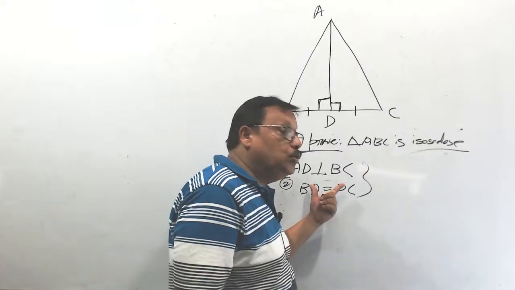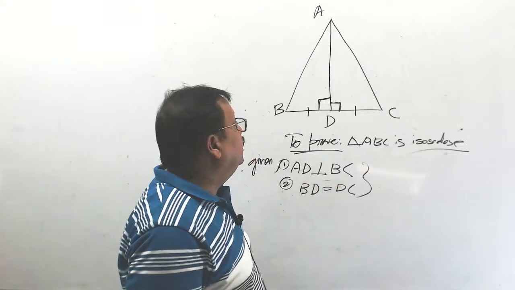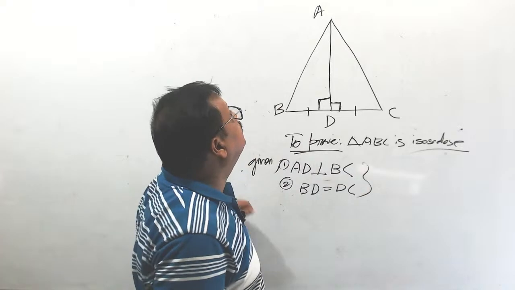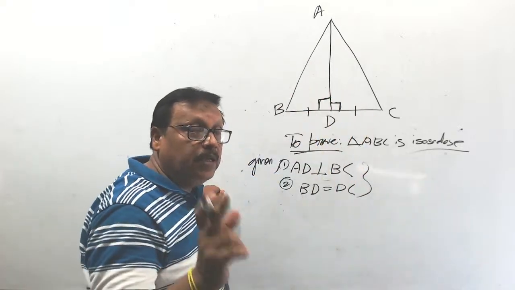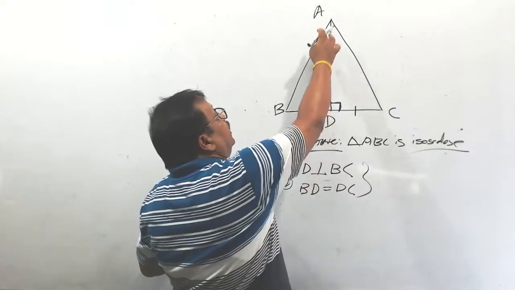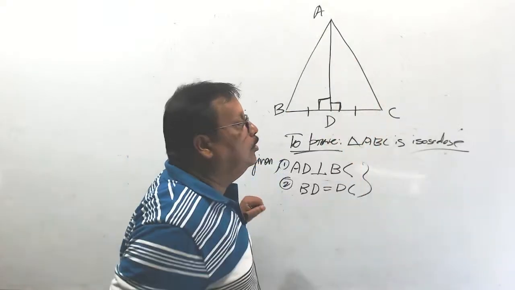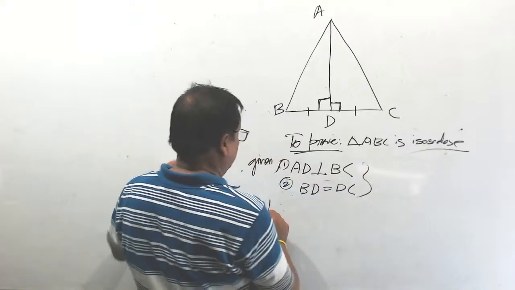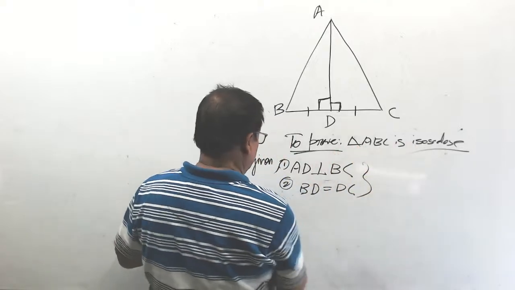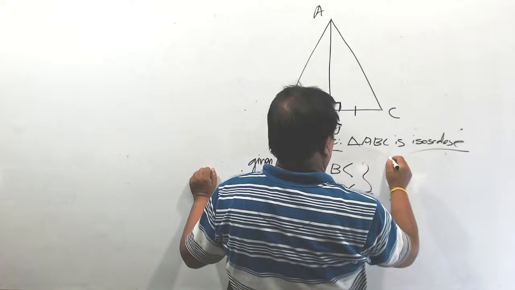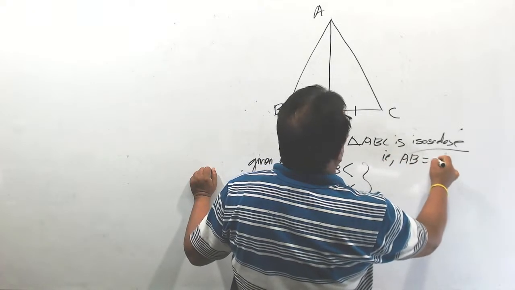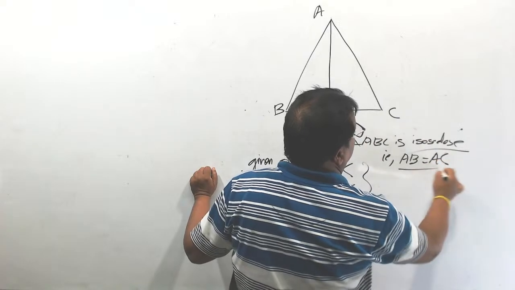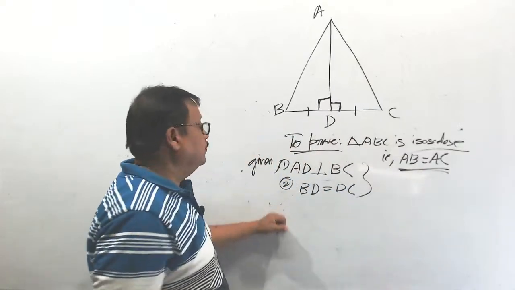By using these two given conditions, you have to prove ABC is an isosceles triangle. For an isosceles triangle, AB is equal to AC. You have to prove AB is equal to AC. Understood?